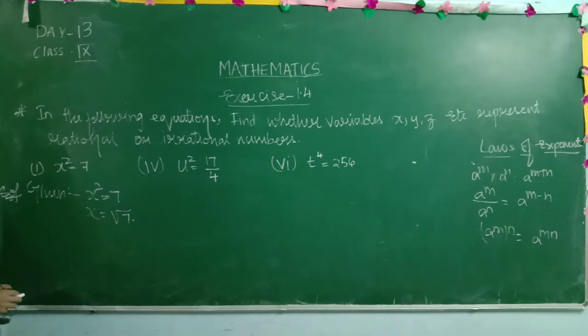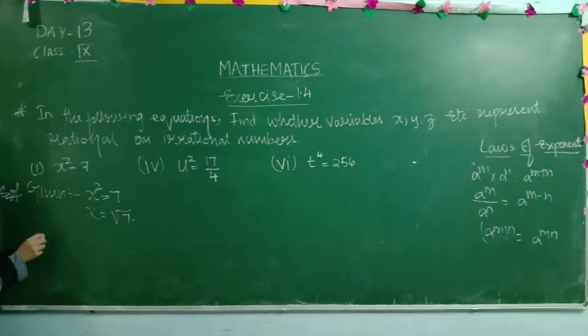What does the question ask? In the following equations, find whether the variables x, y, z, etc. represent rational or irrational numbers. After solving this, x equals root 7, so the variable x is representing an irrational number, that is root 7.